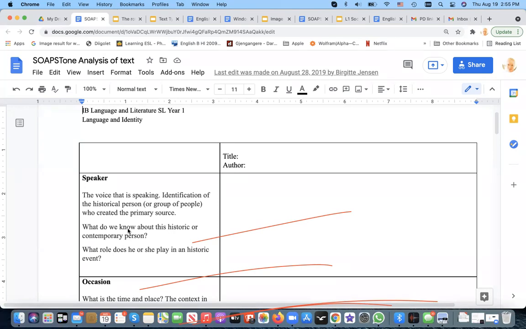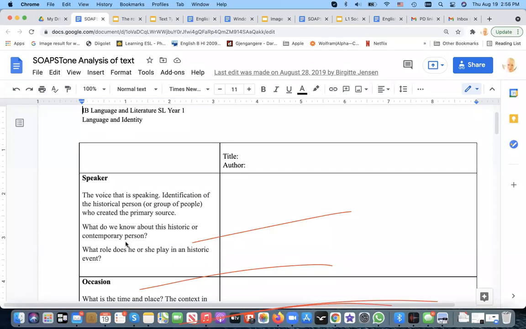This acronym helps them remember what they should address, what they should talk about. First they look at the text and try to understand what it's about, and then they have to write about it.